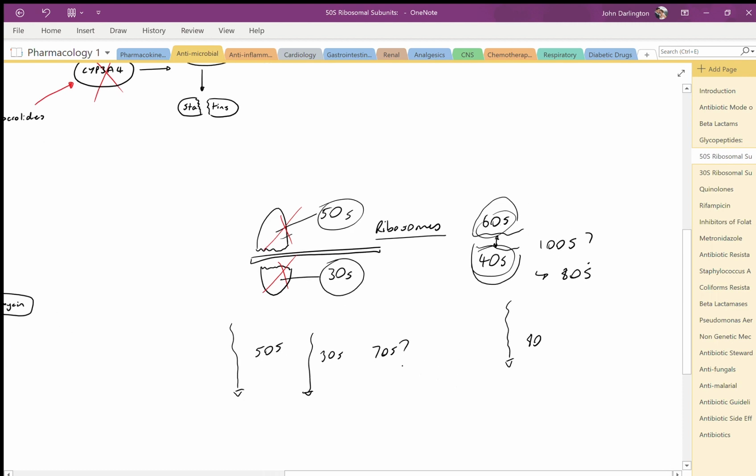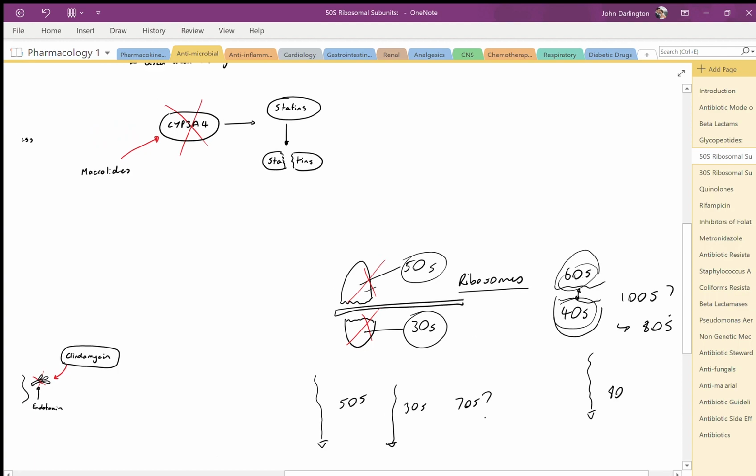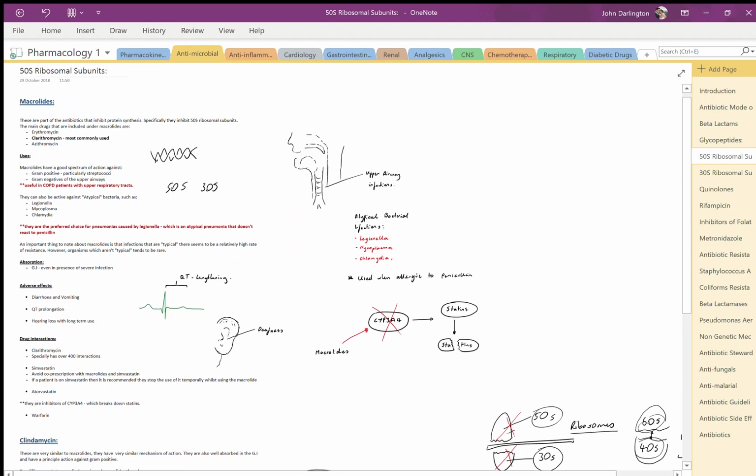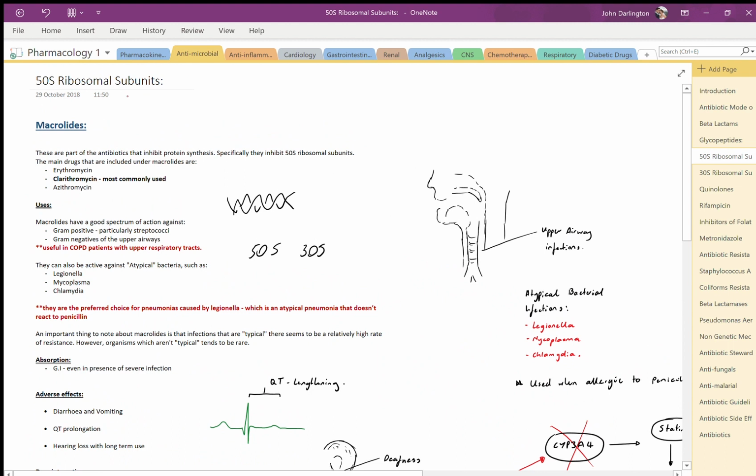And some of the protein synthesis is necessary for the bacteria to survive. Okay, so important classes of the 50S ribosome subunit inhibitors are macrolides, and these are drugs that you should have definitely heard of. So these would include things like erythromycin, clarithromycin, azithromycin. I have no idea why I've bolded the clarithromycin being most commonly used. That's not always the case.